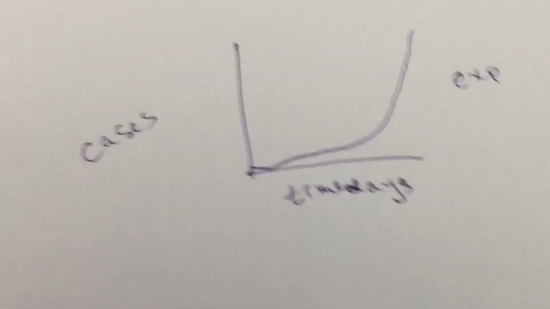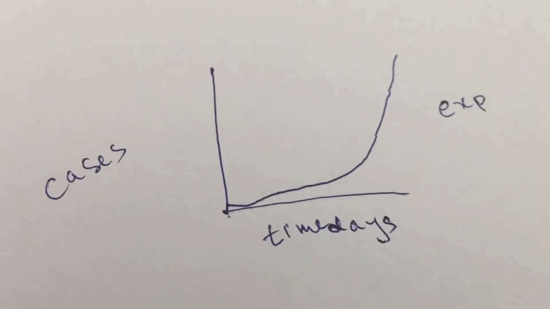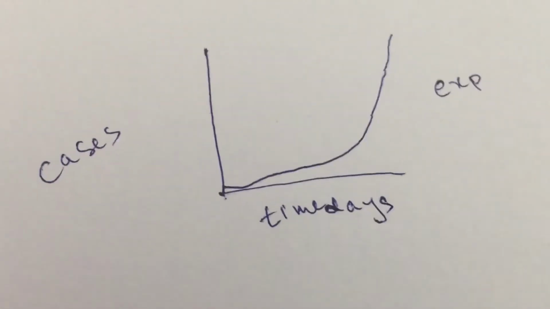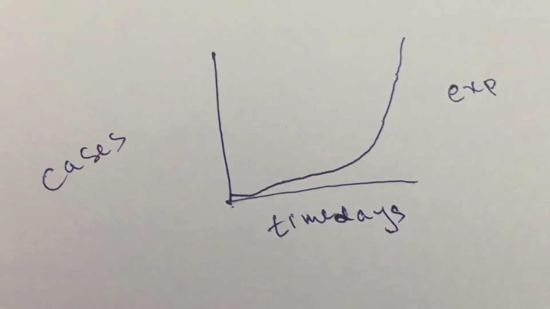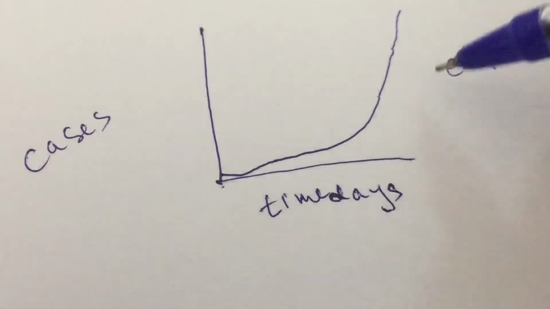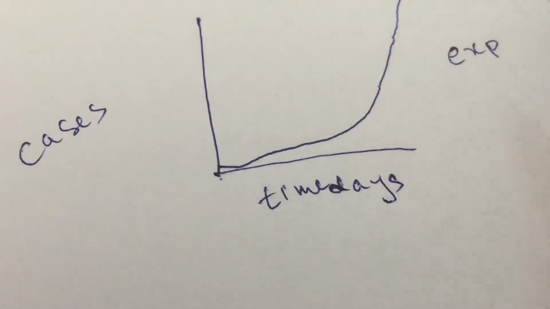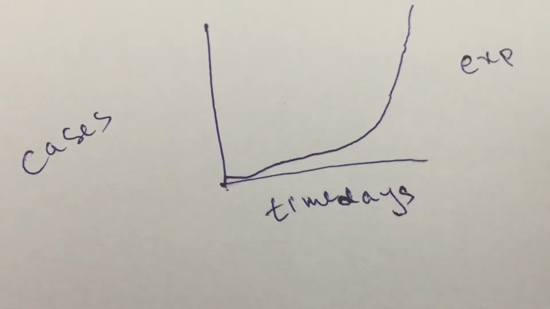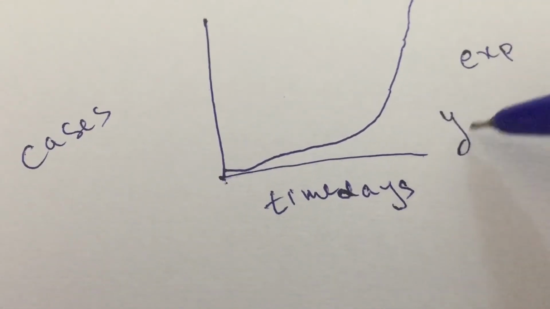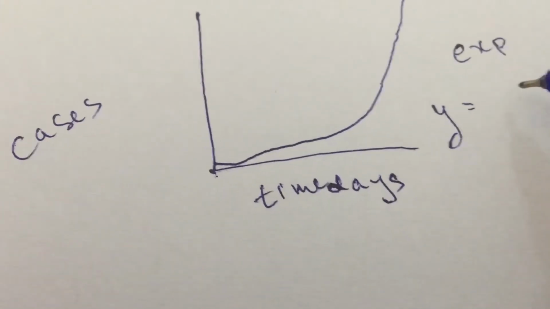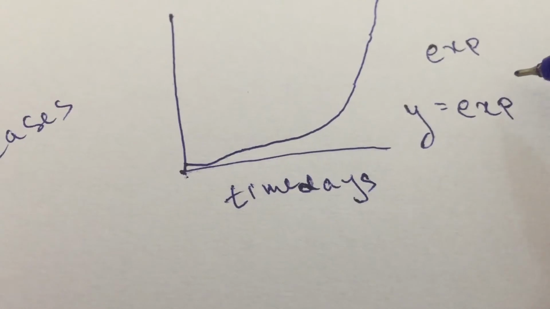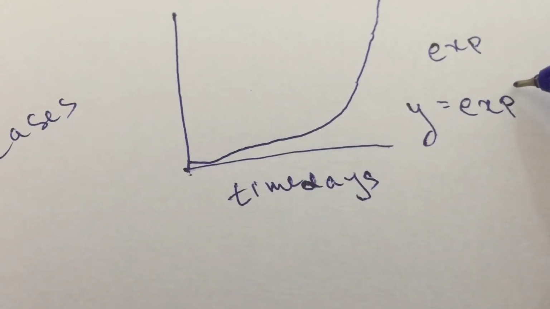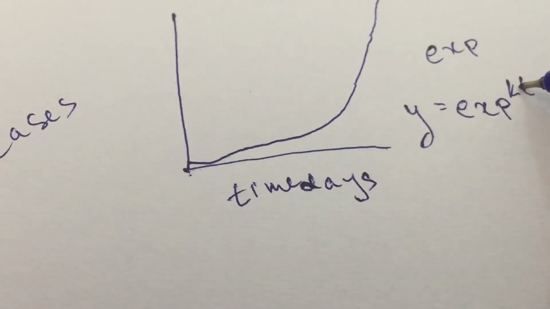So to understand what exactly is this exponential, I kind of went back to what the exponential is. So for example, this line is represented by an equation like this, that is y is equal to e raised to some factor k times time.